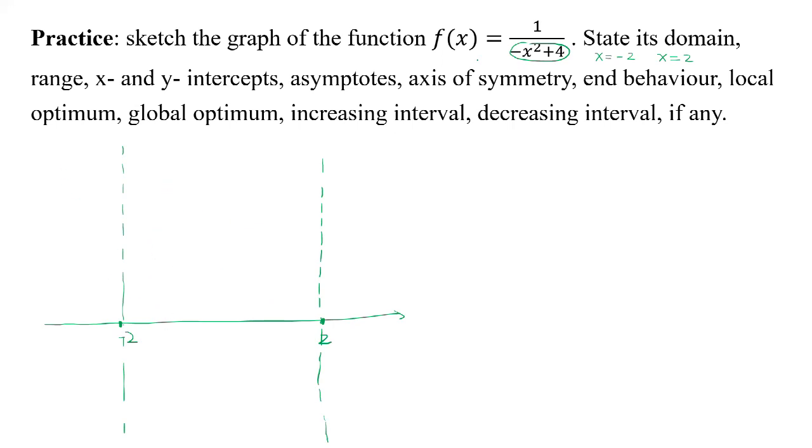The leading coefficient is negative, so this function is opening downward and crosses these 2 points. This is a sketch of minus x squared plus 4.